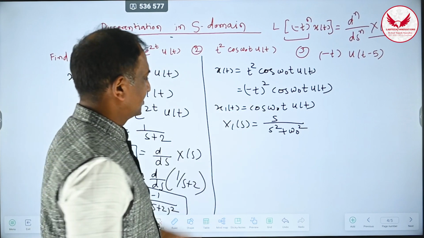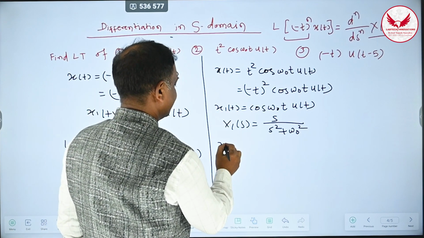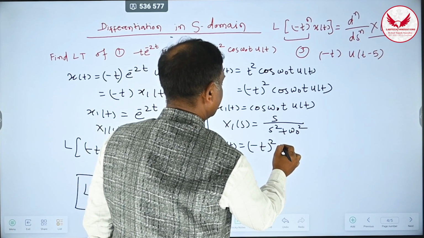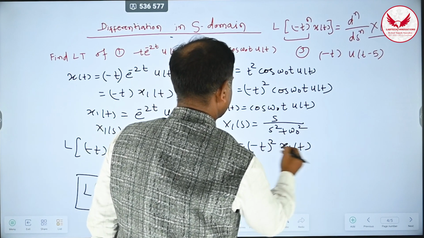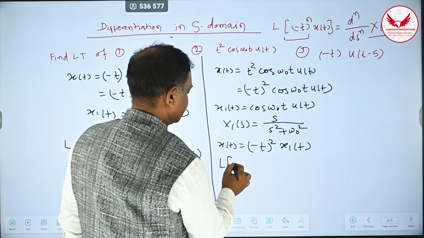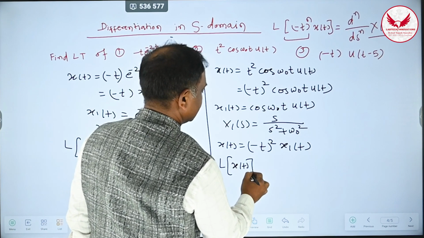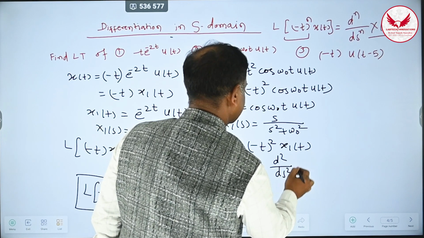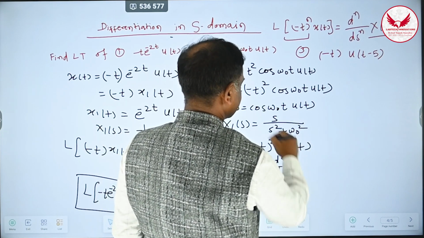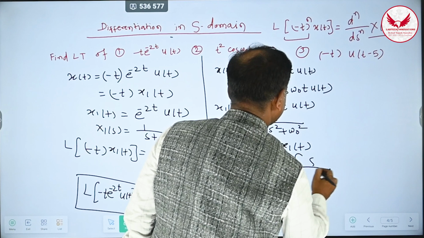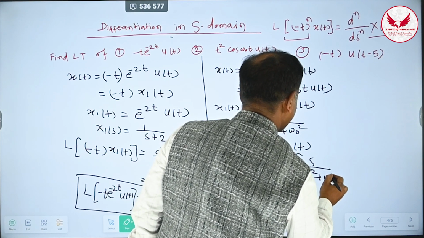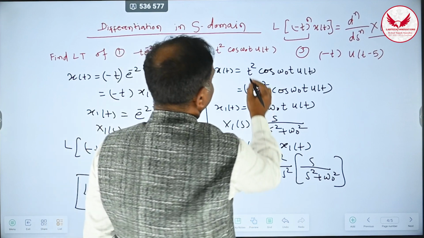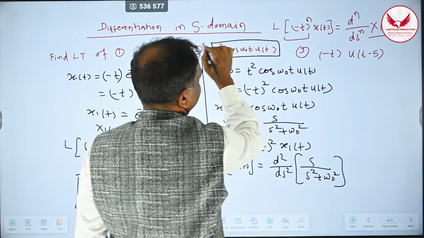Now it is multiplied by minus t square, so x of t is equal to minus t square into x1 of t. So the Laplace transform of x of t is second order, d2 by ds square of X1 of s, that is s upon s square plus omega 0 square. Accordingly you can use the differentiation and find the Laplace transform of this particular signal.